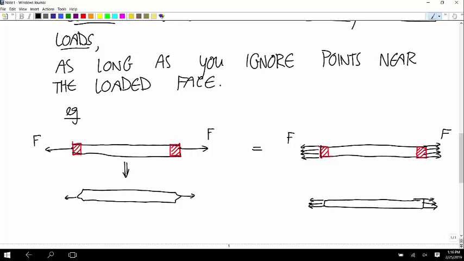And since stress and strain are related to each other by this matrix, if the strains are super different between these, then the stresses are also super different between those, okay? And so all the stuff going on close to that point is going to be garbage. Your calculation is going to be garbage.